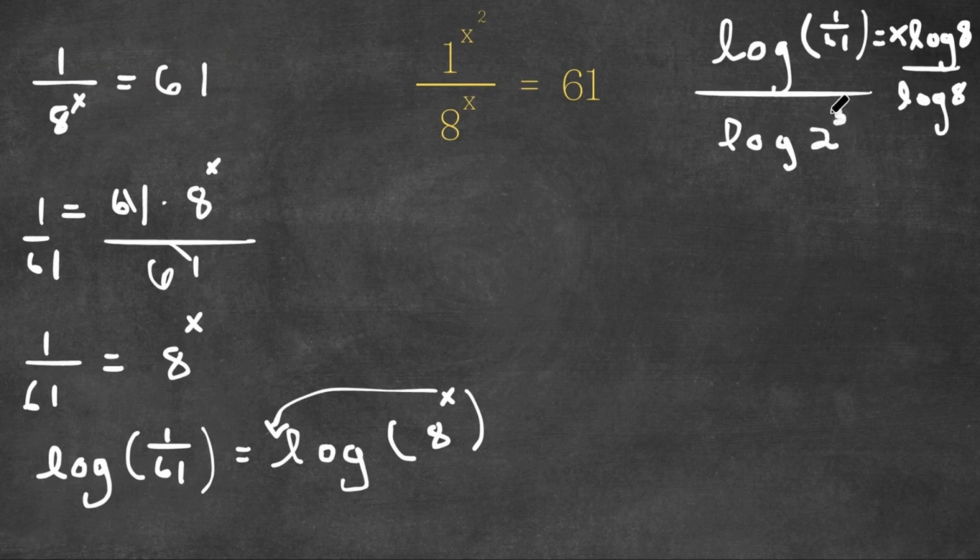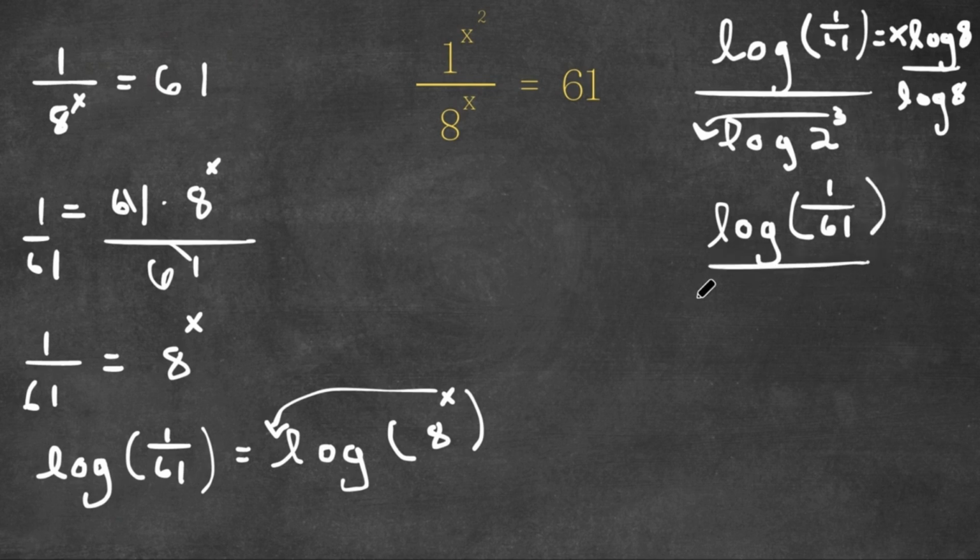And remember, we can actually move this exponent to the front of the log. Remember, the power property of logarithms. So now we have log of 1 over 61 divided by 3 log 2.